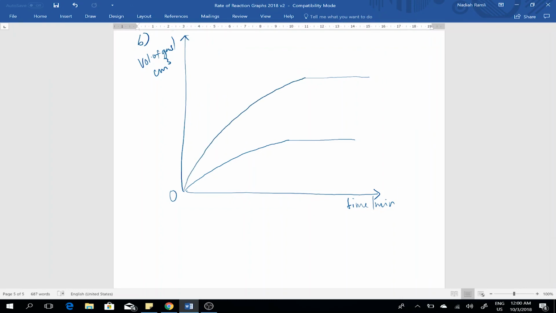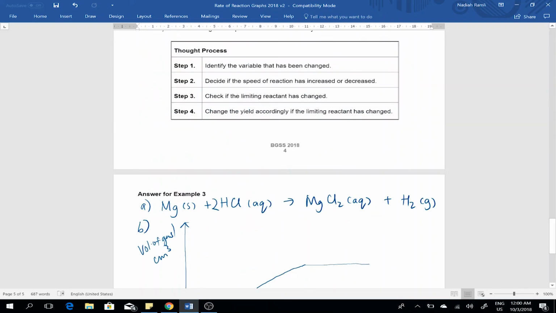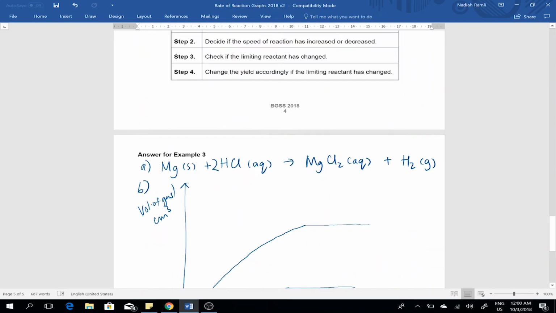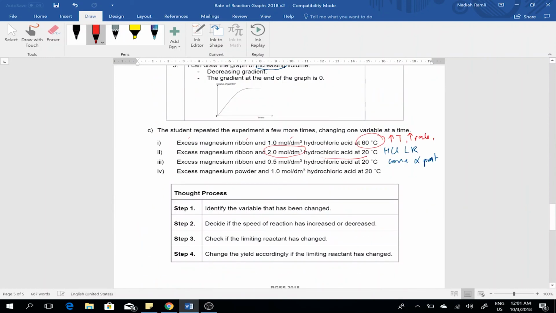Okay, and yes, so this is graph number 2. Let's look at number 3.